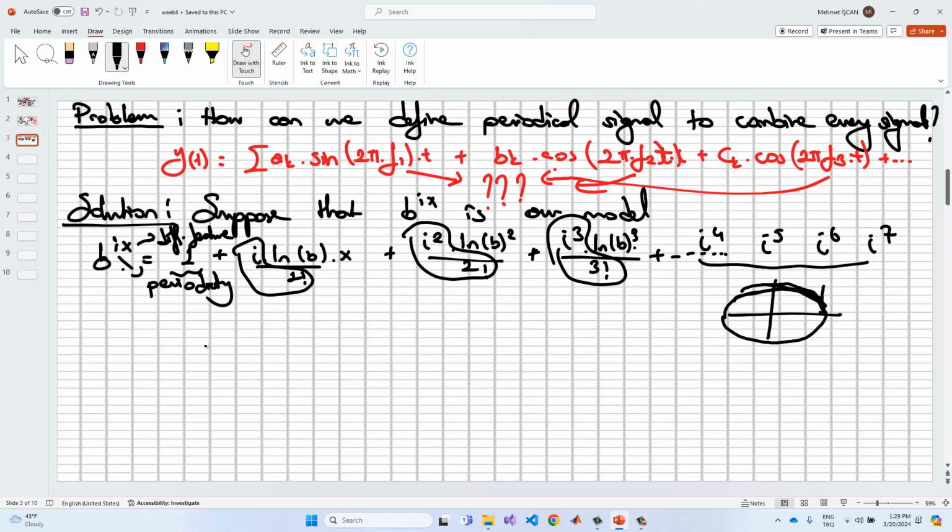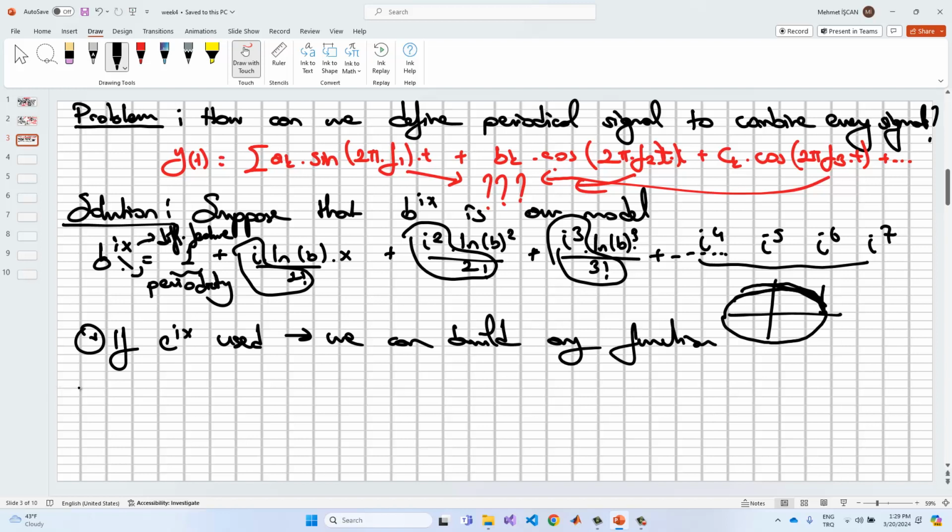How about e^(ix)? If we use it in this case, we can build any function using an infinite series operation, because e^(ix) contains the sinus and cosinus.